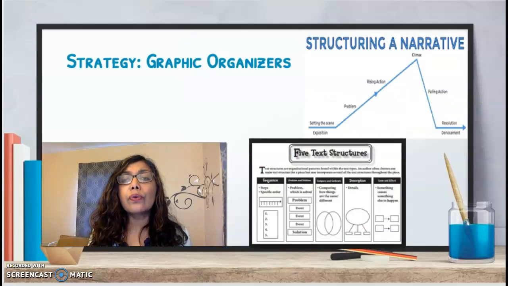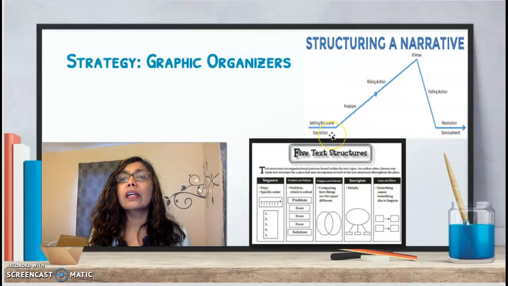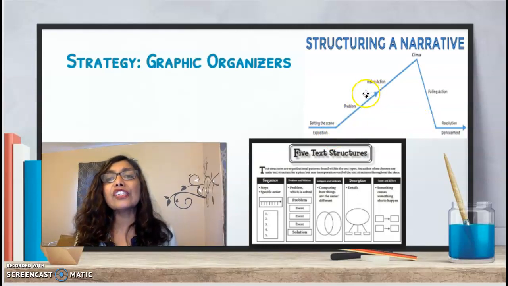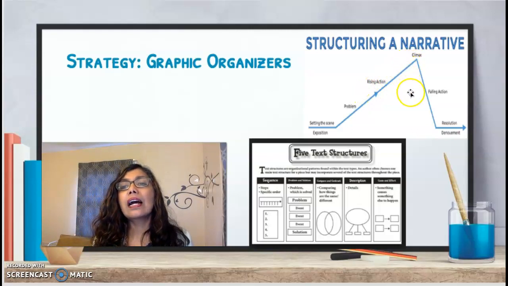You can also use graphic organizers. Your textbook has a lot of different strategies. Some are for narrative text. This is a popular graphic organizer where a student may read a text and you can ask them to chart what's the problem, what's the rising action, what's the climax, the falling action, what's the resolution.